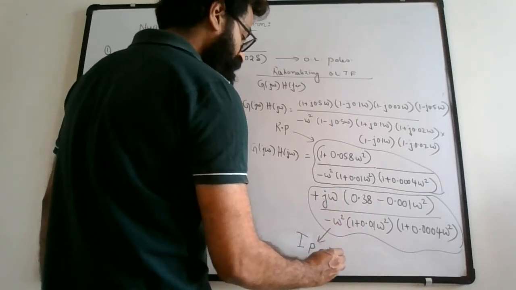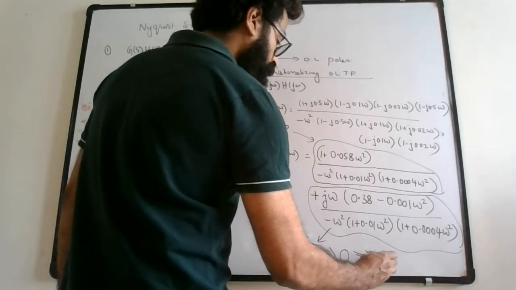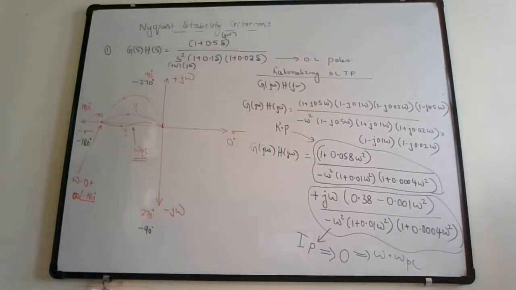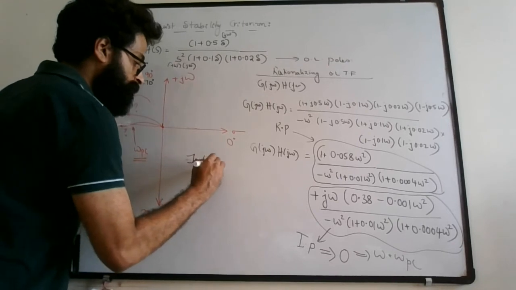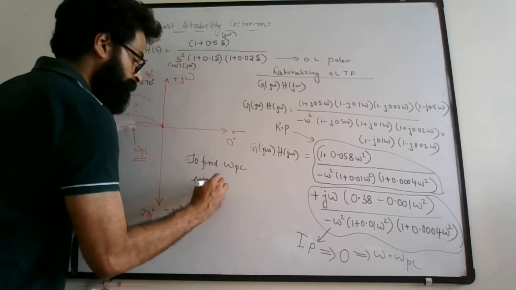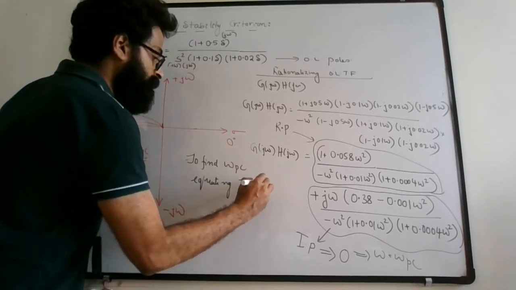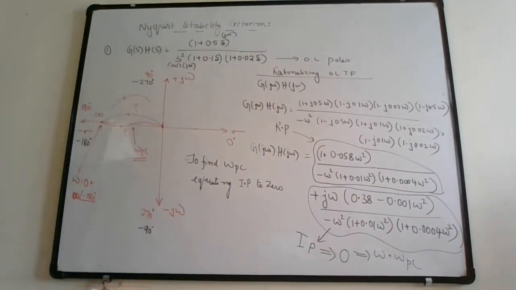When you equate this imaginary part to 0, you will get omega equal to omega PC. So to find omega PC, equate the imaginary part to 0.